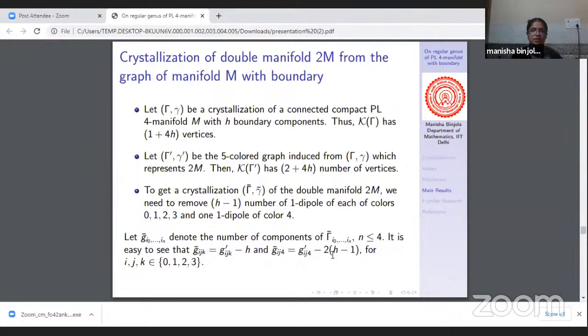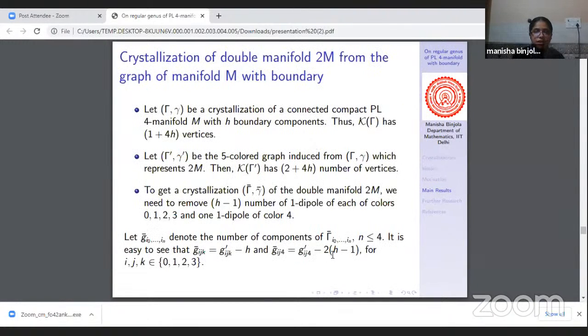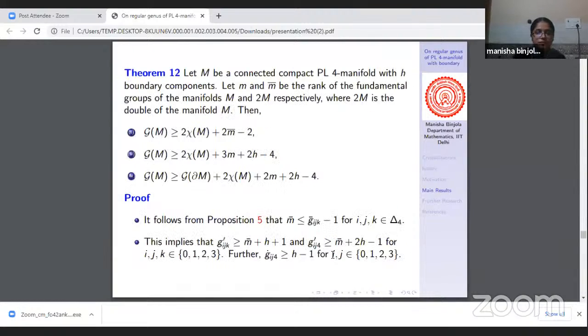And one more thing: we are getting a crystallization for the double manifold. But suppose we have a graph, we can always get a crystallization by removing 1 dipoles, because removing 1 dipoles gives fewer vertices, and that is the same thing we need for crystallization.